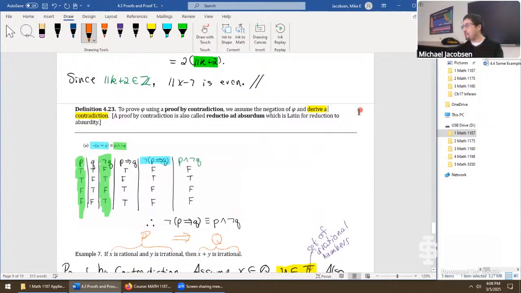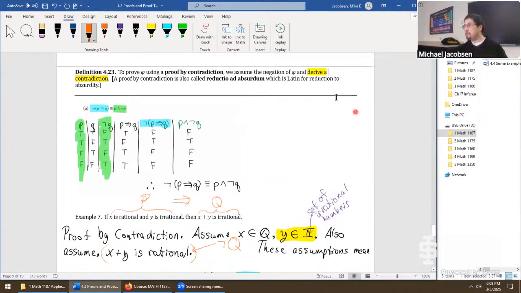Well, this is the problem that we left off on, and we're looking into the proof by contradiction method. On this problem, the proof we were giving was that if x is rational and y is irrational, then the sum x plus y is irrational. And that's a hard proof to do directly.